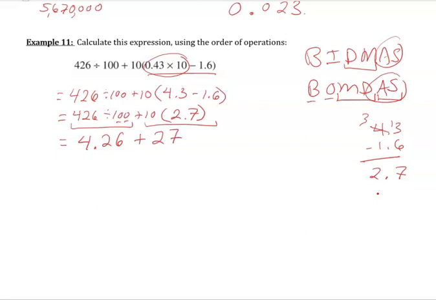Now I can add them together. 27 plus 4.26. This is where I could add my additional decimal points just to ensure accuracy. My answer should be 31.26.